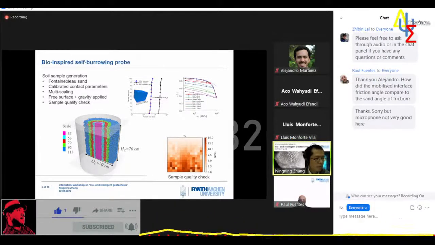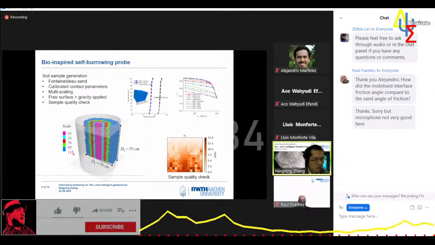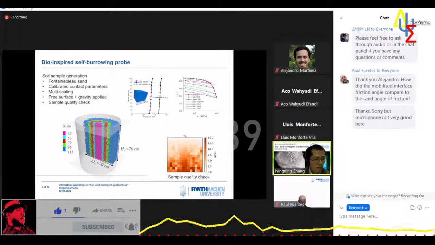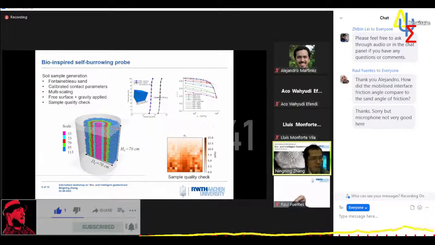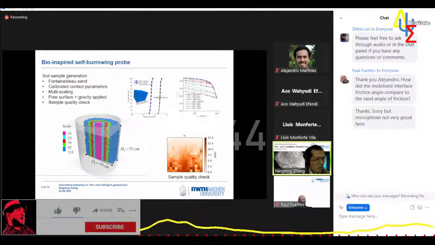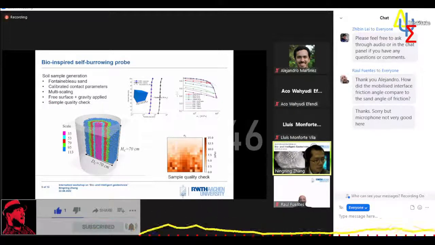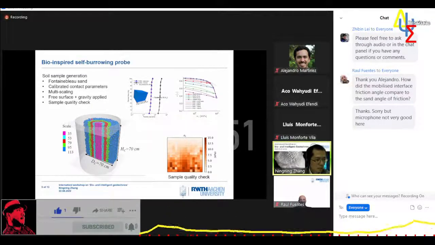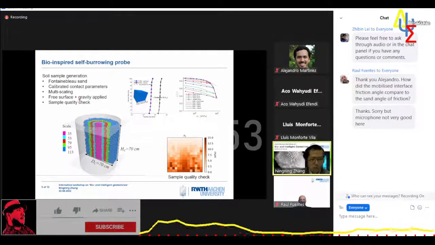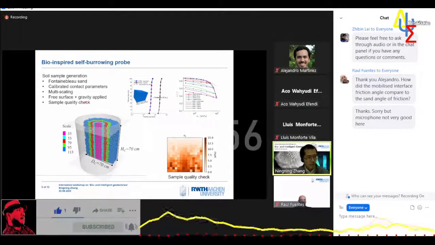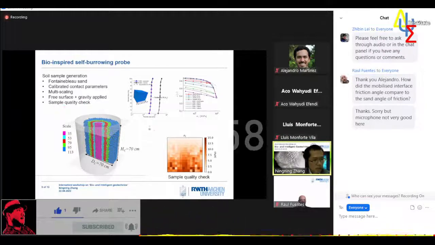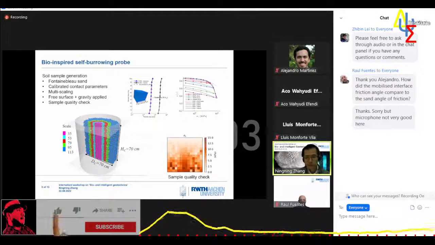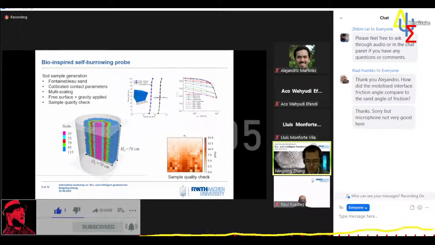Multi-scaling means that gradually increasing scaling factors are applied to upscale the particles from the central area to the outer areas. The top surface of the soil sample is set free to simulate shallow ground conditions, and then gravity is applied to settle the soil particles. In the end, the sample quality needs to be checked in order to ensure that the sample is uniform.